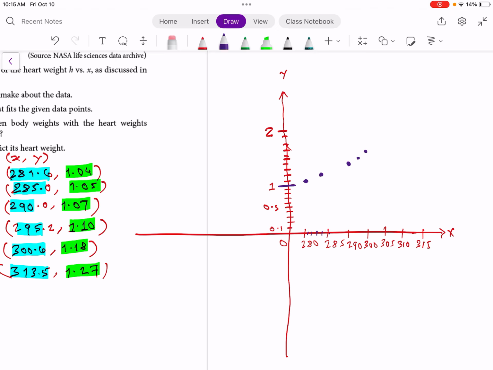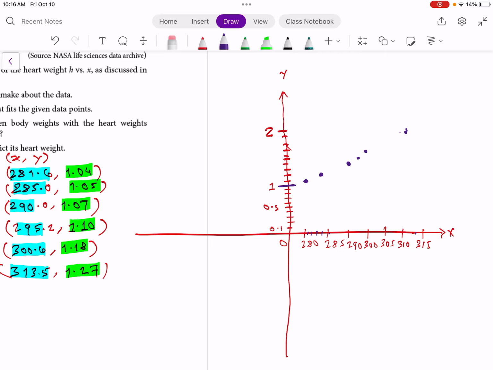And the next we have a point at 313 and 1.27, which is 3. Somewhere here, let's say. But I think we need to redraw our scale here.